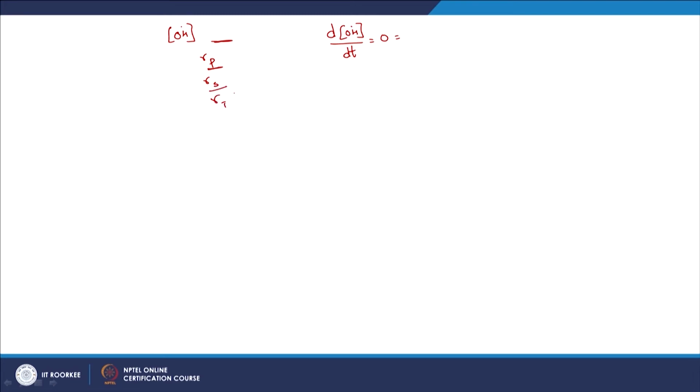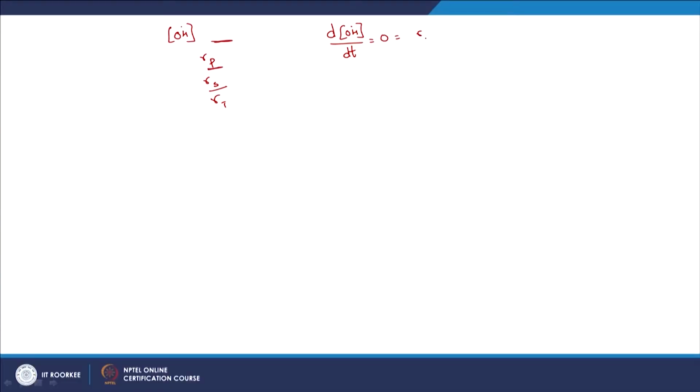Because the OH radical concentrations are very low compared to those rates, it is a good enough assumption that the hydroxyl radical concentration does not change with time. So, that is going to be equal to the rate of production of the radical minus how the radical is being lost, either due to the scavenging reaction or due to the target reaction, right. This is the assumption that we are making though.